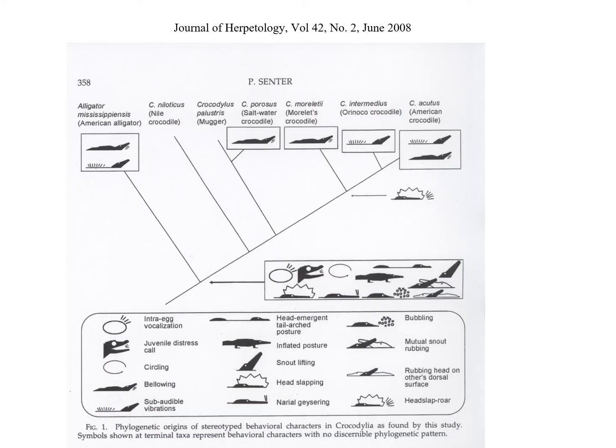I included this figure because it shows how behaviors can be used in a cladistic analysis. So this is a cladogram of crocodilians, and it uses behavioral characters, the presence of shared behaviors.